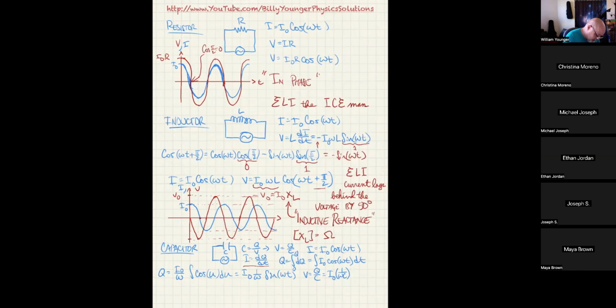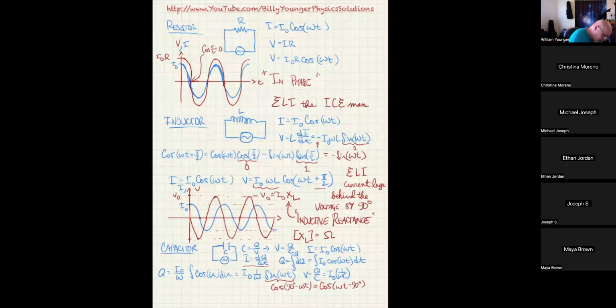It turns out that sine of omega t is the same thing as cosine of 90 minus omega t, but cosine is in fact an even function, so that's the same thing as cosine omega t minus 90 degrees.